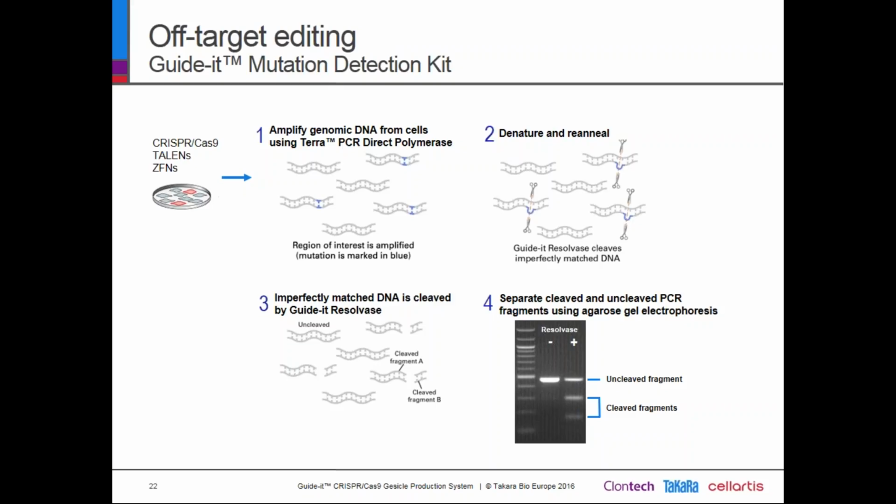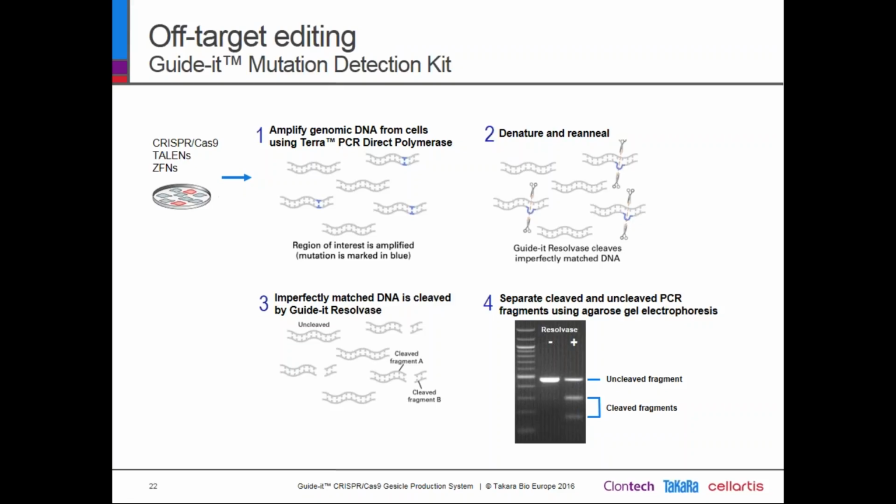As I said, this kit is very good for a quick screening of cell populations because after gene editing you will end up with a mixed population. Some cells will carry different mutations and some cells will still be wild type. The first step of this kit is to amplify the genomic DNA of the target region, and this kit uses Terra polymerase, which is a very nice enzyme to do direct PCR.